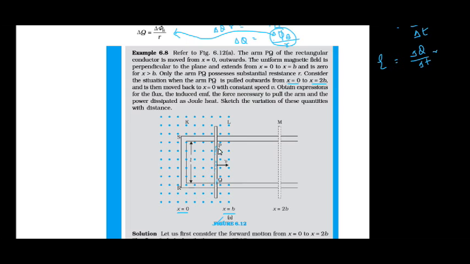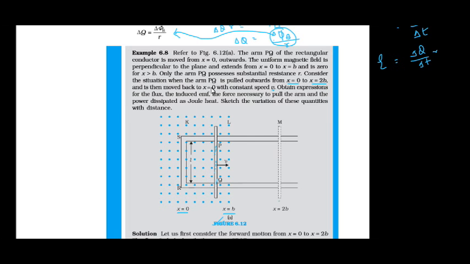So we have pulled the arm from x equal to 0 to 2b. 2b means till here. And then moved back to x equal to 0, with constant speed v.